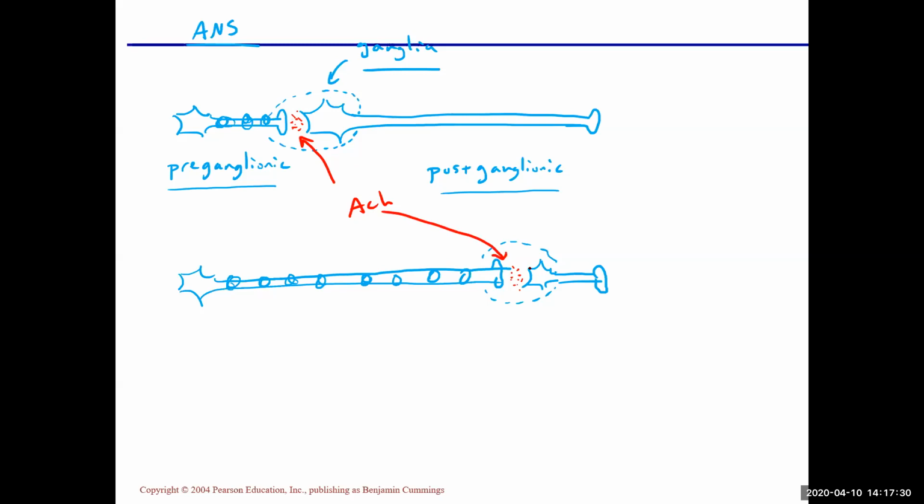All right. However, on the postganglionic, you could have two varieties of them. So let's go ahead and take a look at it. On the ones that have a longer preganglionic and shorter postganglionic, this one is still going to be acetylcholine too.